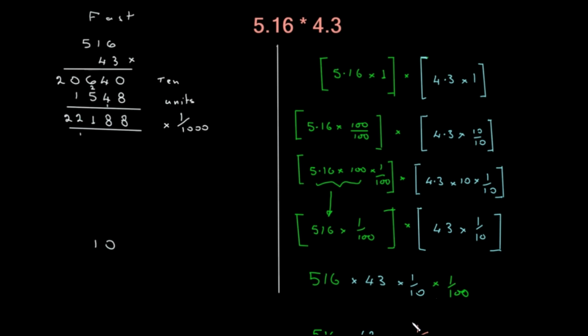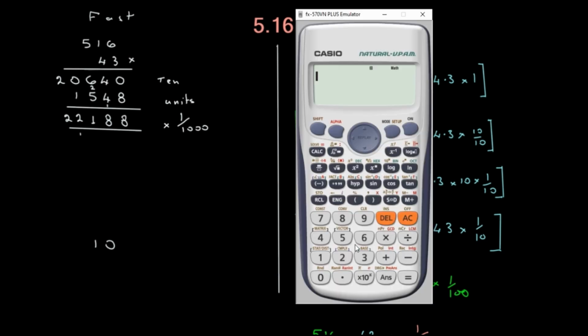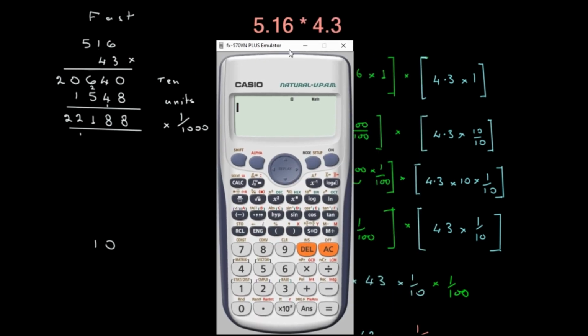Let's just make a point. Oh, it's on the other screen, hang on. Alright, we've got it back. Here we go. We want those numbers: 5.16 times, make sure I get it right, 4.3, equals, 22188.